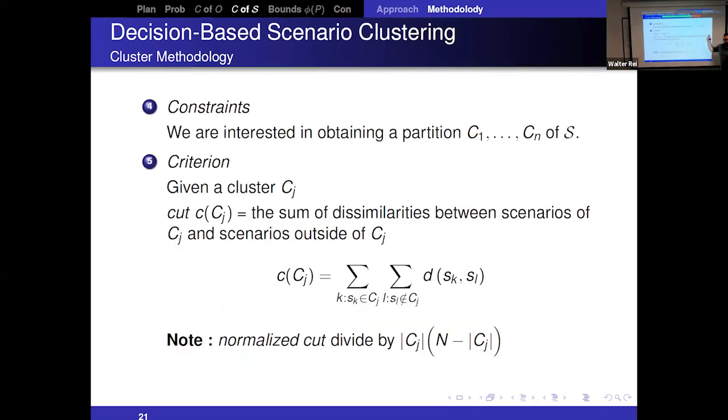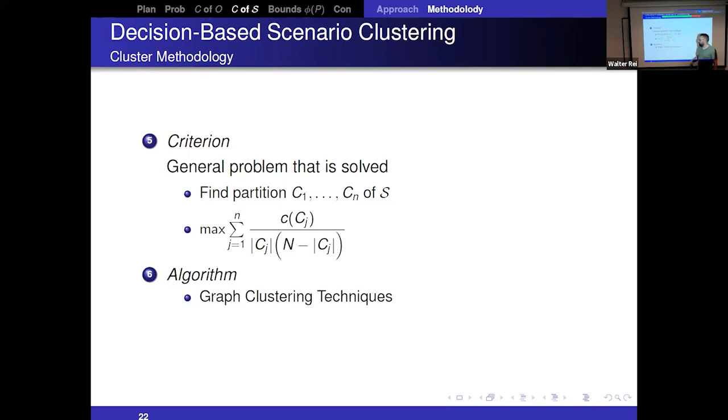So we're interested in building partitions in this case. And the way that we are doing this, the idea here was to minimize the dissimilarity within each cluster. So basically, this turns out to be a max cut problem to be solved. Okay, and we used graph clustering techniques in order to solve this problem.